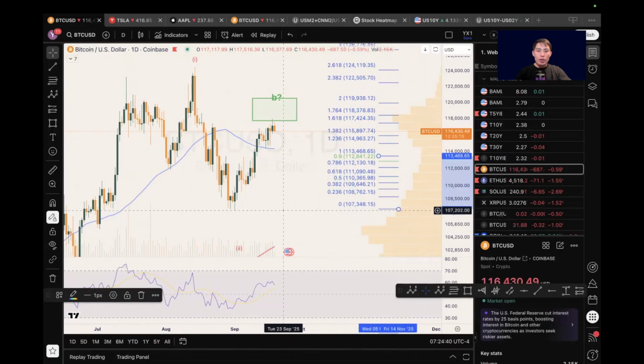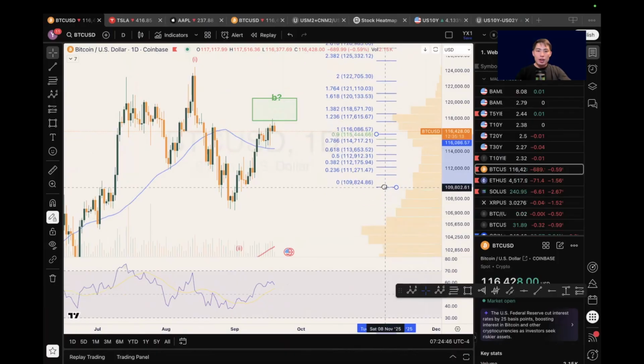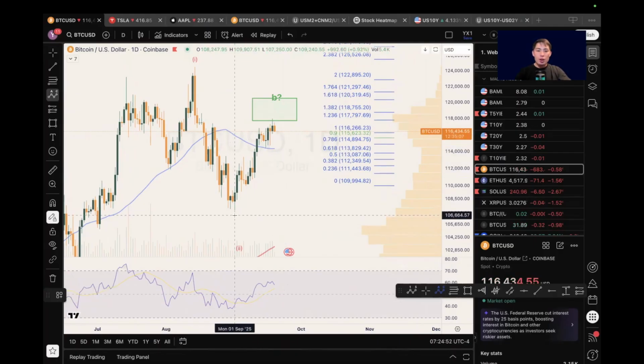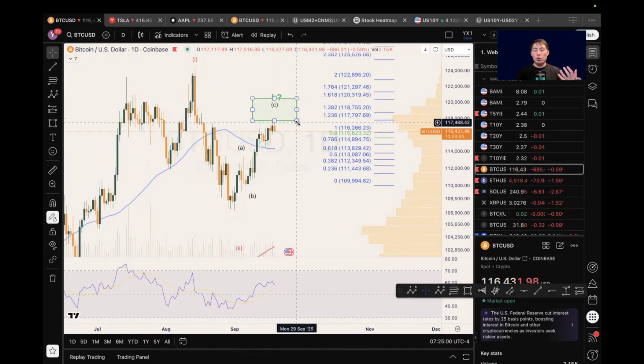If you look at the length of this first wave here versus that drawdown, we are now just topping at a 1.236 extension of this bracket wave A. So typically wave C could end anywhere between 100 and 123% extension of this wave A. It's not 100% all the time, but this is a very common occurrence.